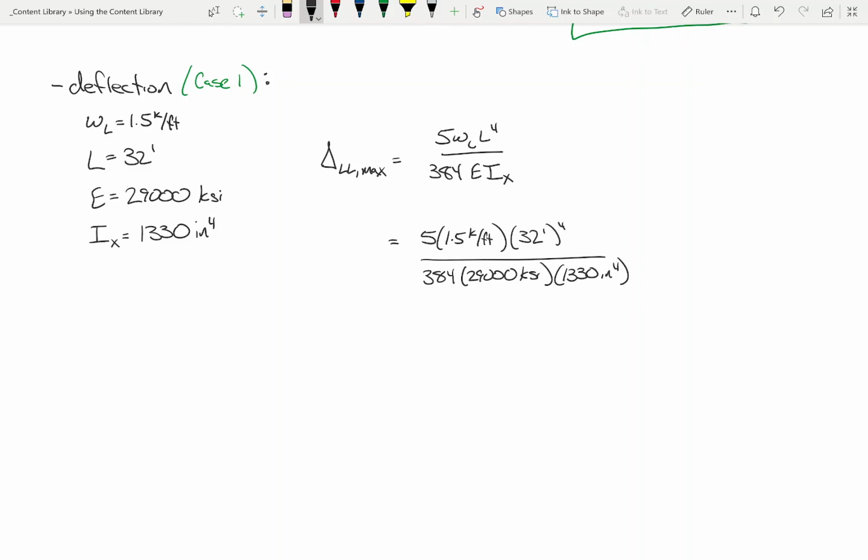I seem to remember in CE 312 that we developed a nice little unit conversion factor that would get our units correct. Wasn't it 1728? Because this on the top is going to be in cubic feet, we need to convert that to cubic inches. And so what do we get for this?